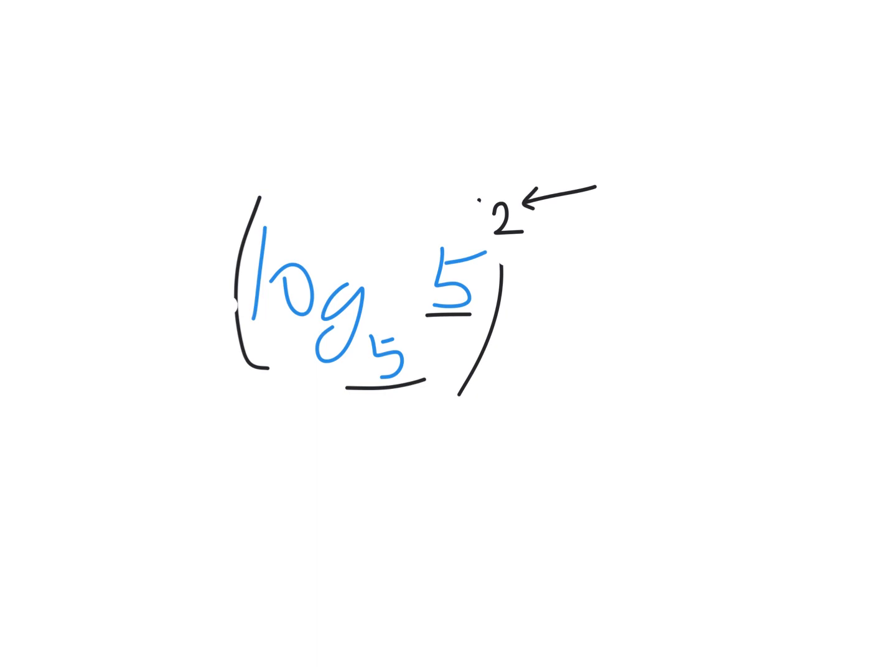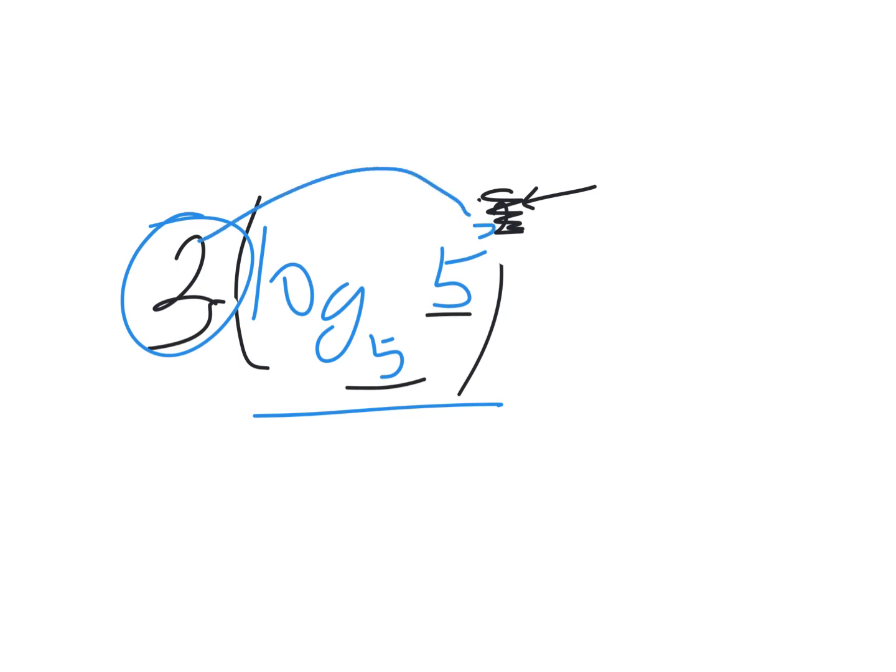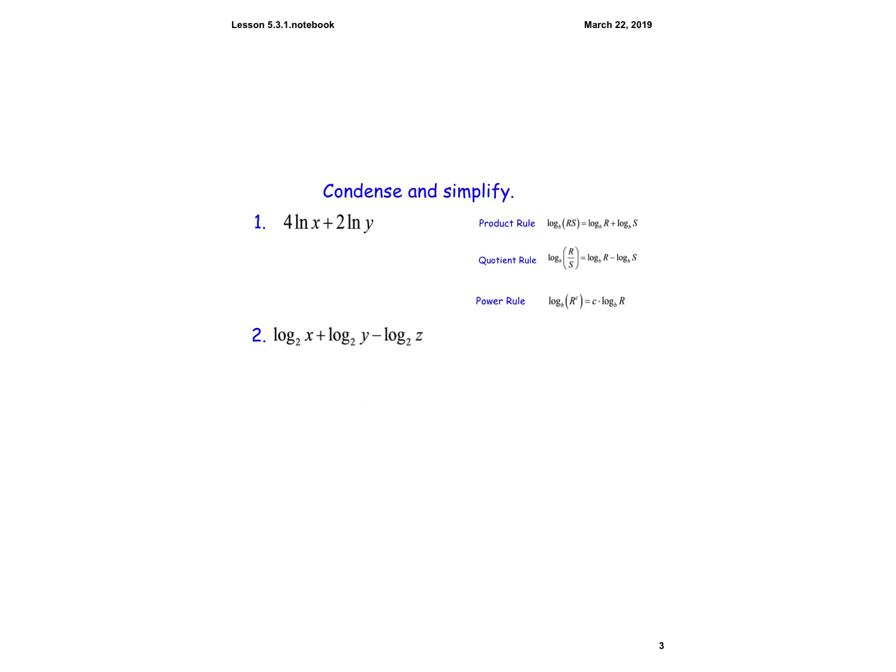Do you get it doesn't matter if I put it here or if I put it there? The answer's 2 either way. See what I mean? And the same thing would happen if this was a 3. If the 3 is there, it's 3 times whatever this is. And if I want, I could put the 3 there. So again, it's a place you can move the number in front, which is called a coefficient, into an exponent on the argument.